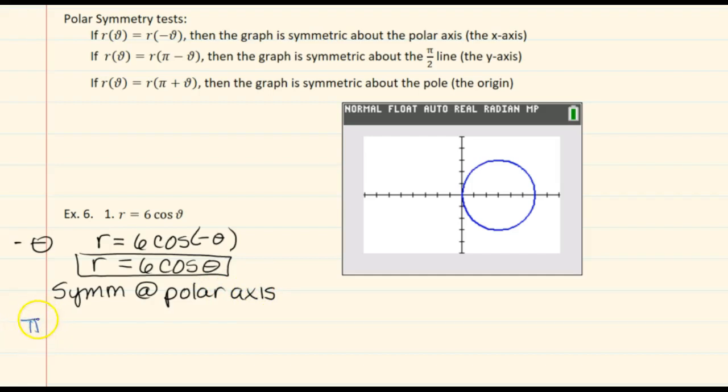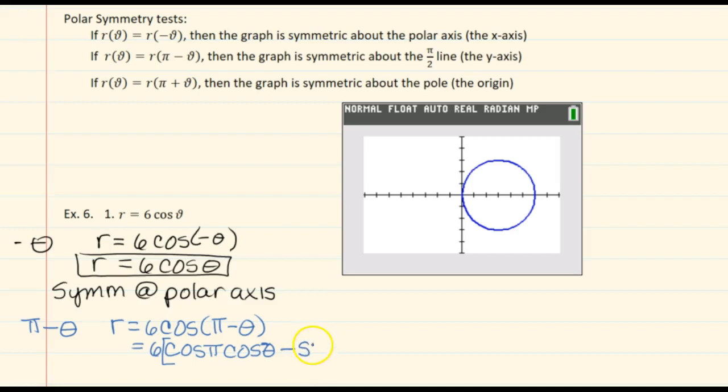Second, let's see what happens if we plug in pi minus theta into our equation. We're going to get r is equal to 6 cosine of pi minus theta. Using the sum formula for cosine, we get 6 times cosine pi cosine of negative theta minus sine of pi sine of negative theta. What we do know is sine of pi is equal to 0, so all of that is gone.